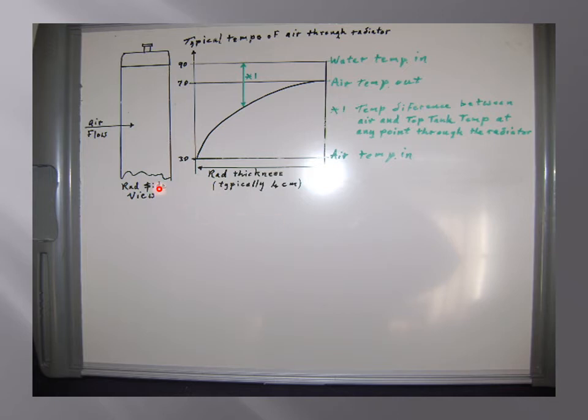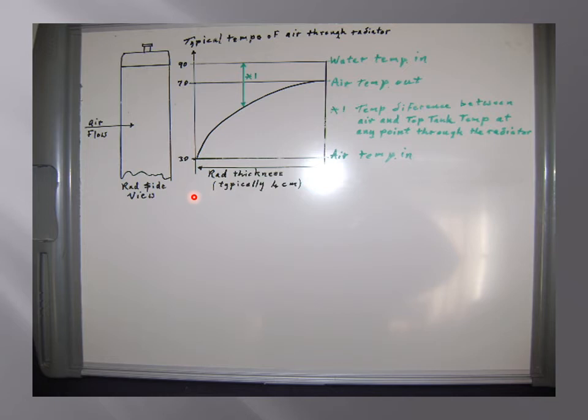Here, once again, we have a side view of the radiator with airflow going through it. This axis over here represents the thickness of the radiator, and this axis over here, the temperature of the air as it goes through the radiator.